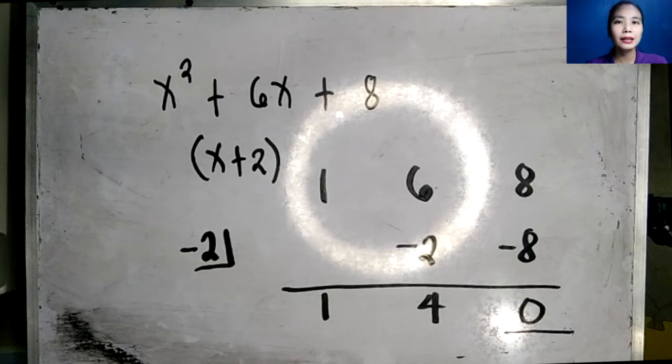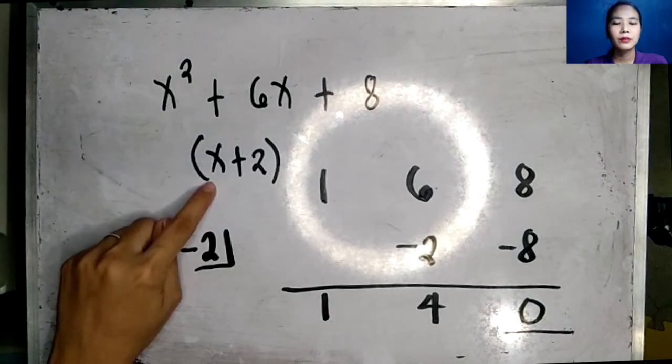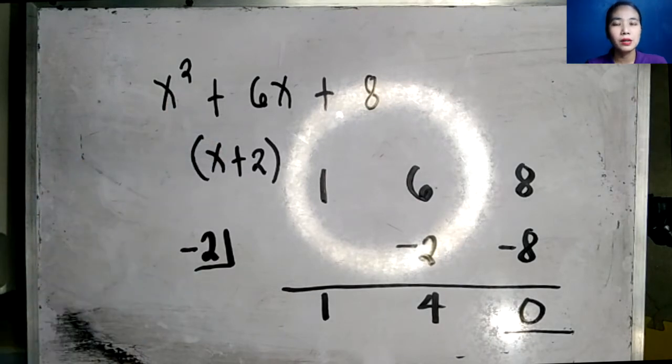Mula dito sa ating given, meron na tayong natirang 1 and 4. Sa ating synthetic division rule, ang ating given na power ay 2, magmi-minus tayo ng 1 since ang ating divisor ay naka-raise sa 1. So, 2 minus 1 is equal to 1.